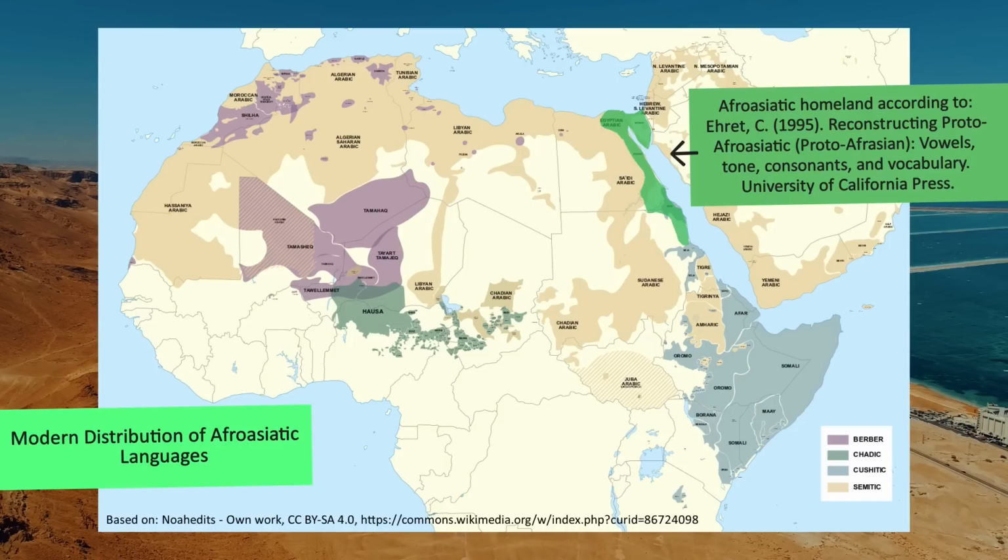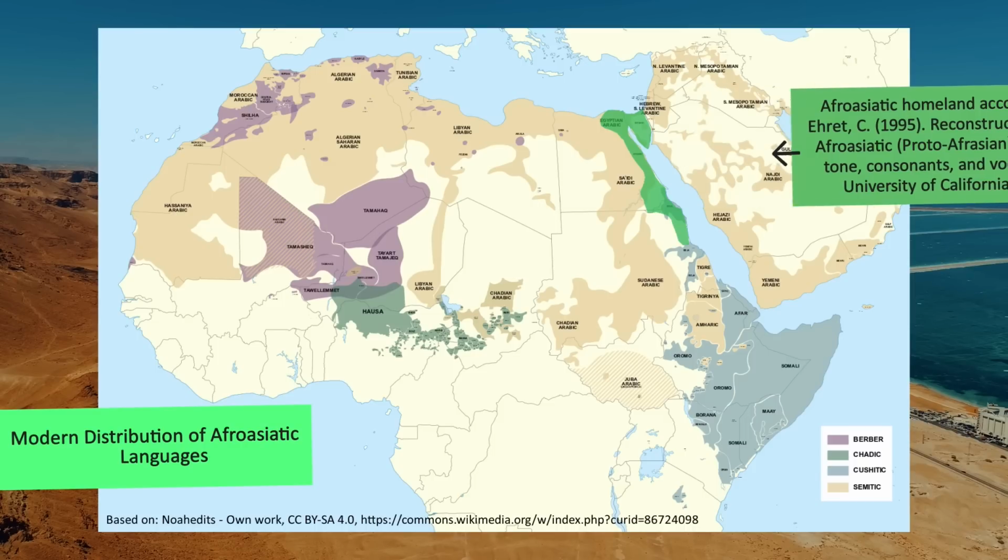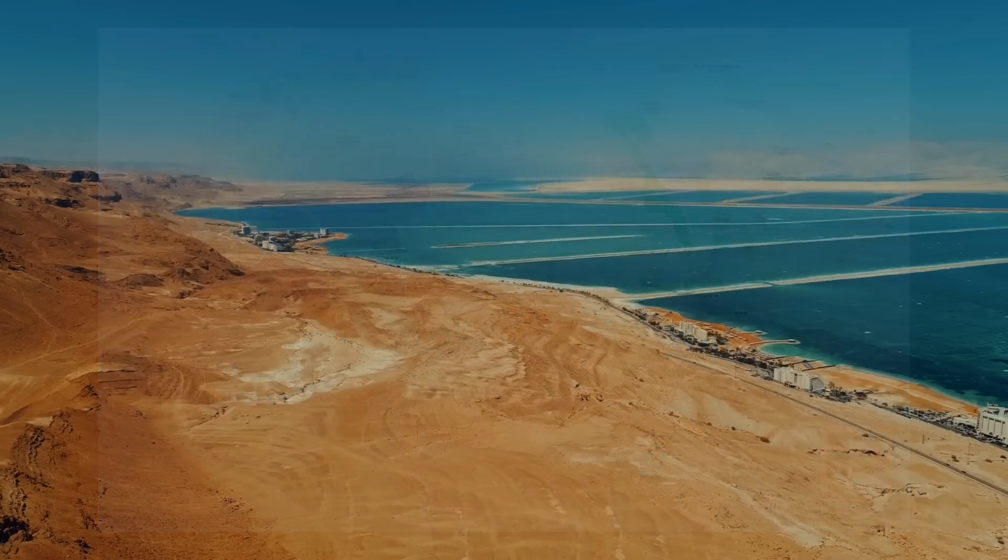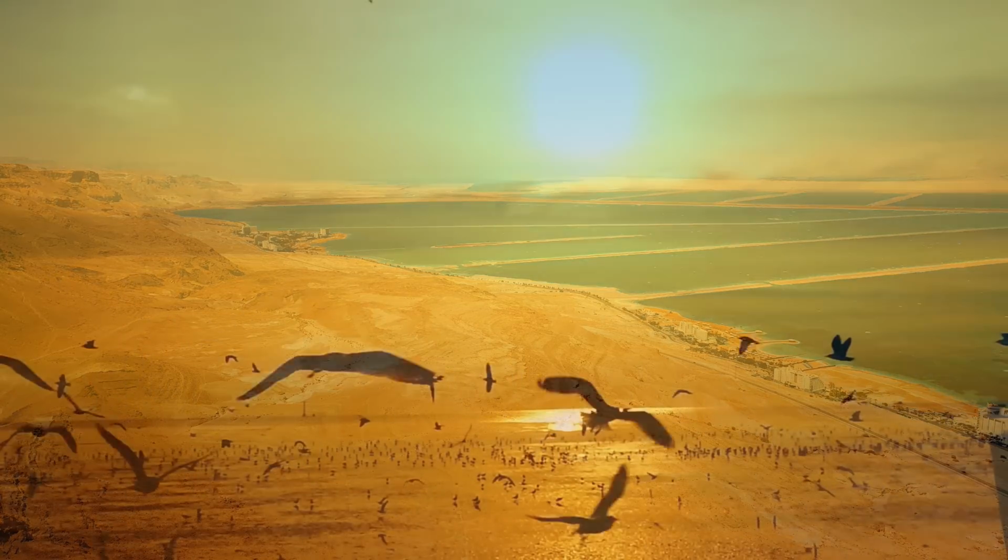Given the distribution of these branches, therefore, this contact likely occurred in North-East Africa, particularly along the Red Sea coast or Nile Valley. However, some scholars do propose a Levantine origin, citing early Semitic languages like Akkadian and Eblaite as evidence for this. The debate continues, as linguistic, archaeological and genetic data have yet to converge on a definitive answer.